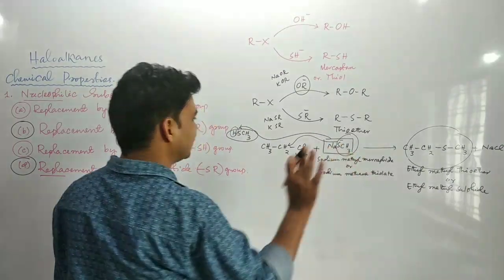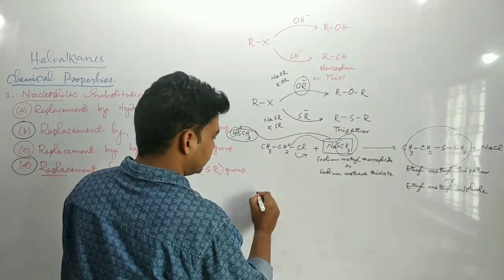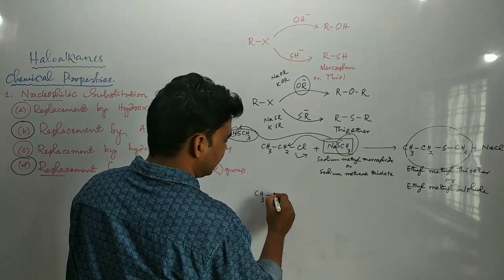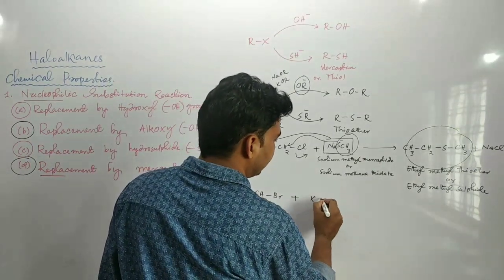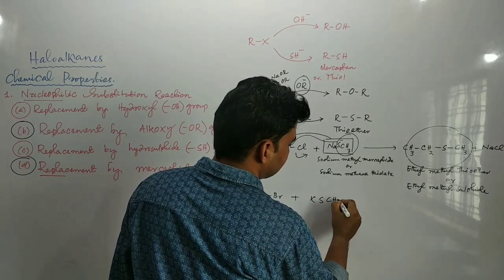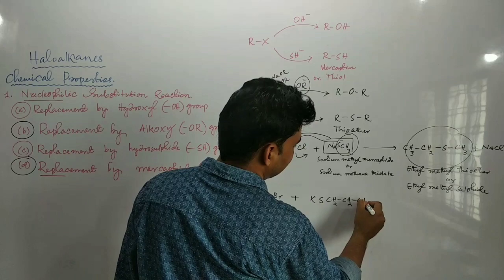Let us consider another example. CH3Br, methyl bromide is given, with KSCH2CH2CH3.